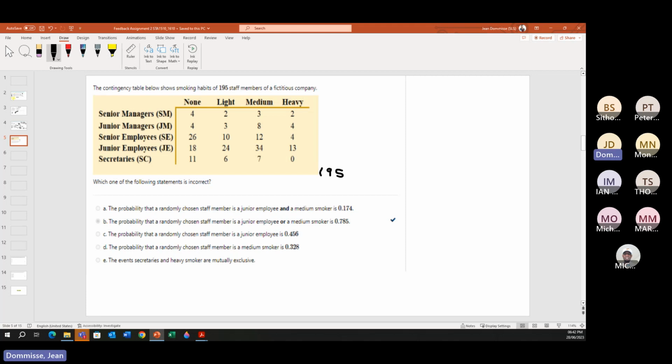Okay, so you can see they tell us there's 195 staff members. Those staff members are divided from smoking nothing to heavy smokers, from managers to secretaries.